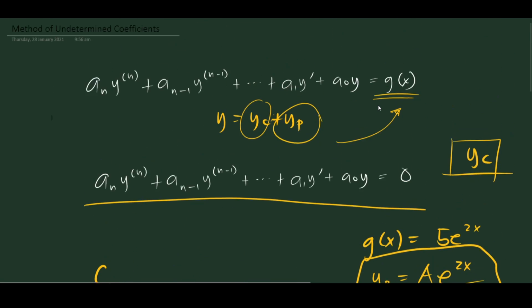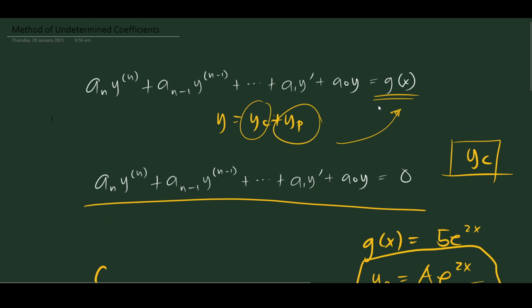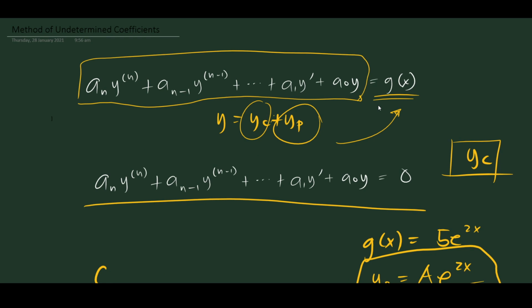Okay, so now that you have your guess, you can substitute that yp and its derivatives into the left-hand side. What will happen is that we will get a function with a similar form to g of x.